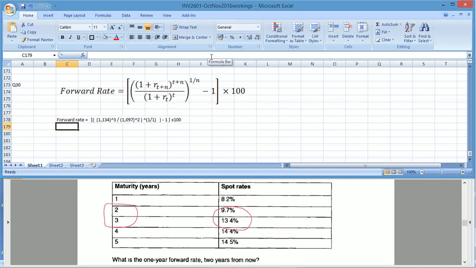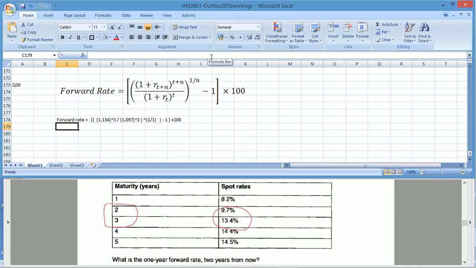Alright, so you just need to type that into your calculator. I'm going to do it on my financial calculator. It's much easier than doing it on Excel. Clear the memory. So open brackets, 1.134 to the power 3, close brackets, divide by, open brackets, 1.097 to the power 2, close bracket, close bracket, close bracket.